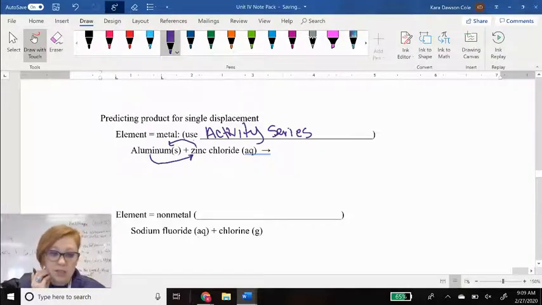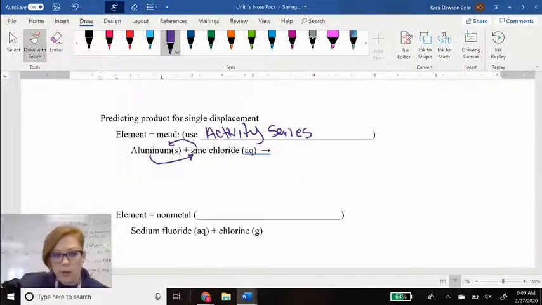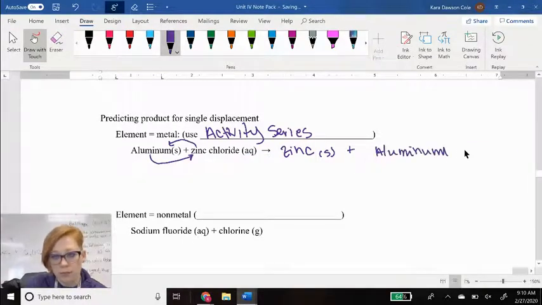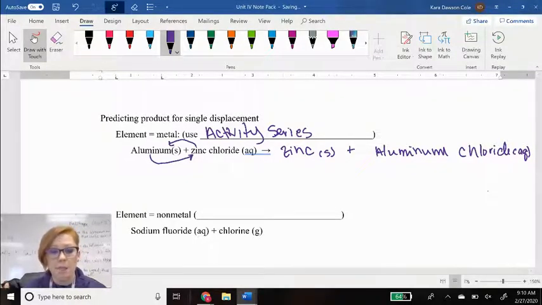The element is still going to be a solid, and the compound is still going to be aqueous. So I'm going to have zinc solid plus aluminum chloride aqueous. That is predicting products for a single displacement where the element is a metal.